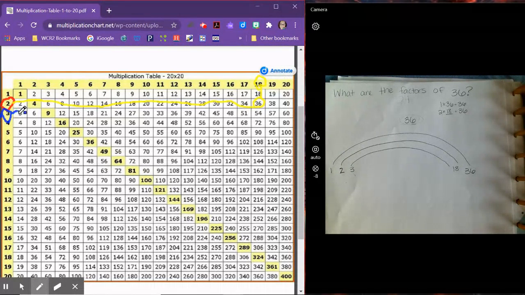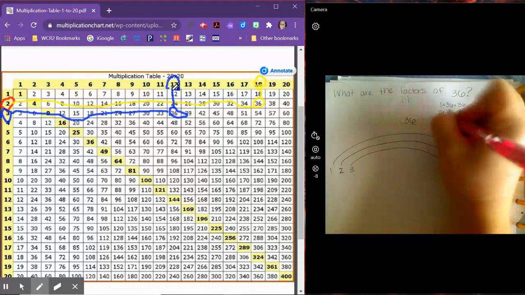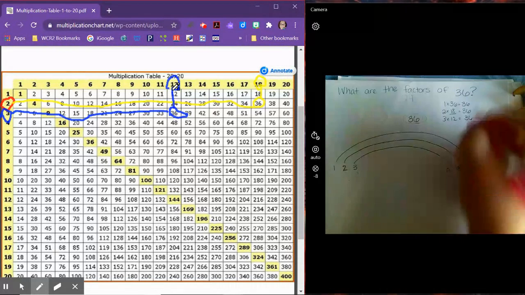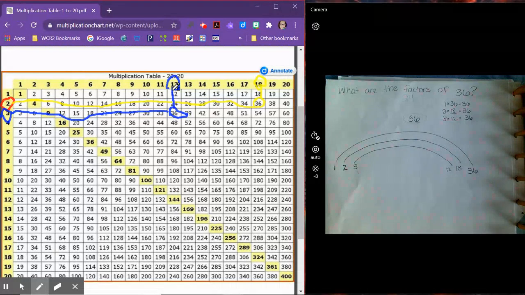And then I'm going to go across until I get to 36, and boom, there it is. Now, if I wouldn't have found it, then that would have told me no, it wasn't. But I found it, and then I just go straight up, and I see, okay, I know that 3 times 12 is 36 because I was able to use my multiplication chart to figure that out.